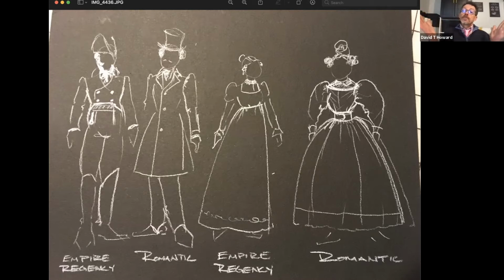Now, we are going to start getting into that idea of tight lacing or bringing our waistline in, but still not to the degree that we think about when we think about mid century and later of the Victorian era, because now we can start to enter that idea of Victorian, because in 1837, Queen Victoria becomes the Queen of England. And so now we can start to use that term Victorian.